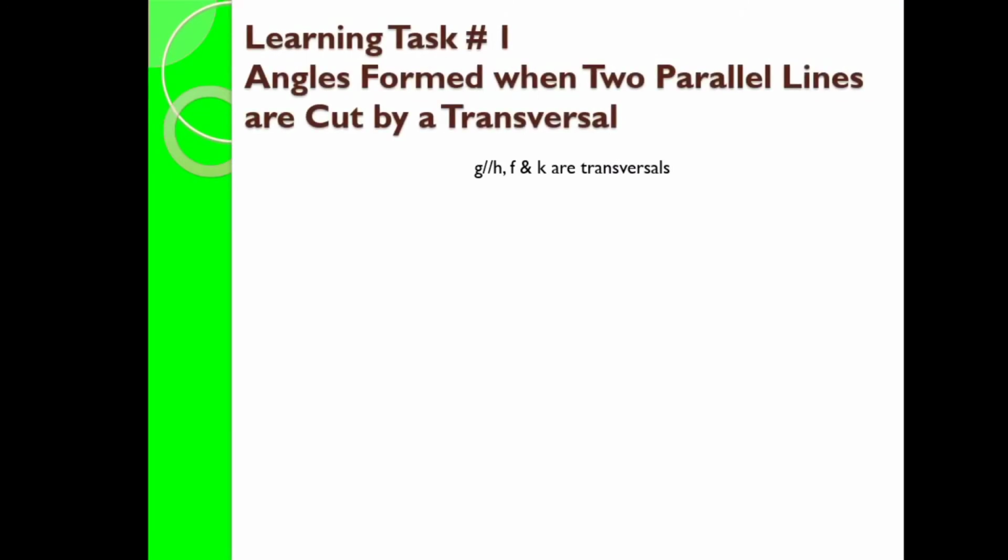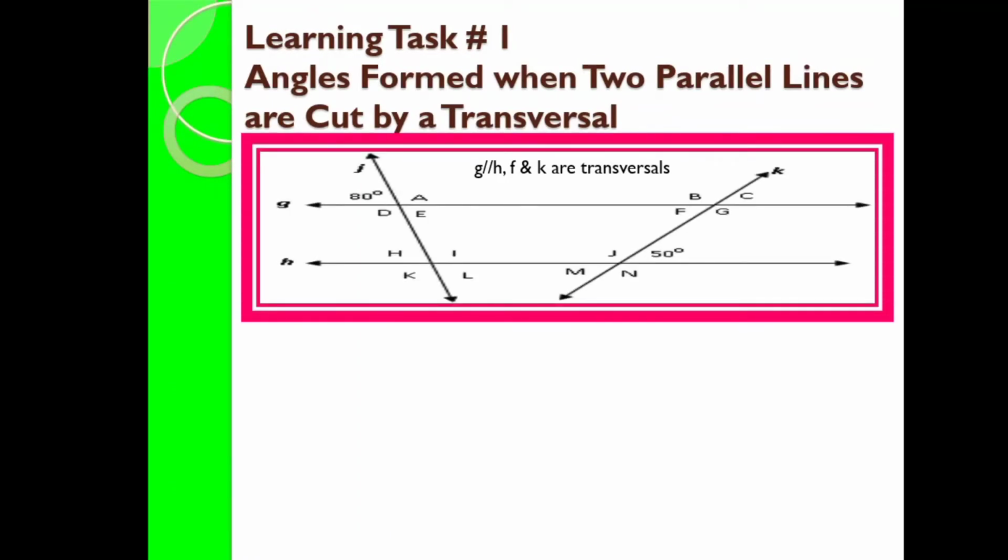Learning task number 1. Angles formed when two parallel lines are cut by a transversal. Given G parallel to H, F and K are transversals, you are going to identify the measure of these angles.